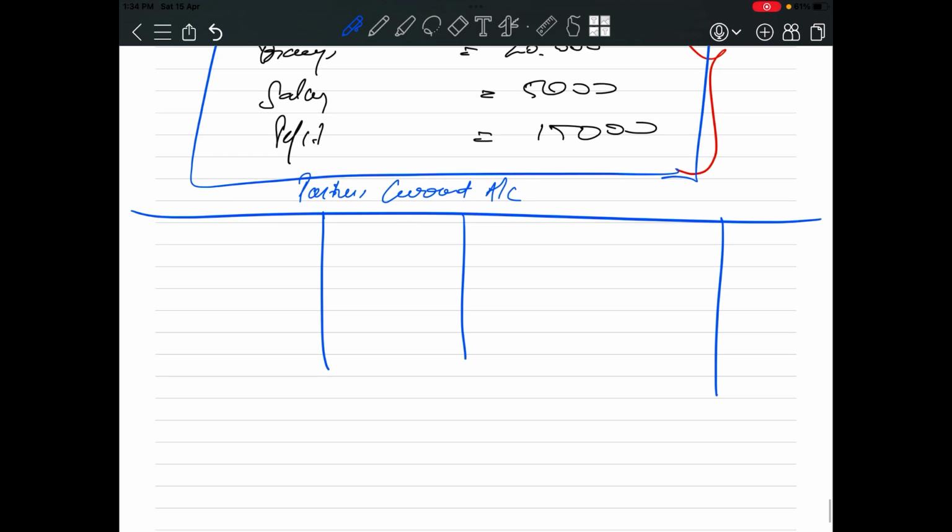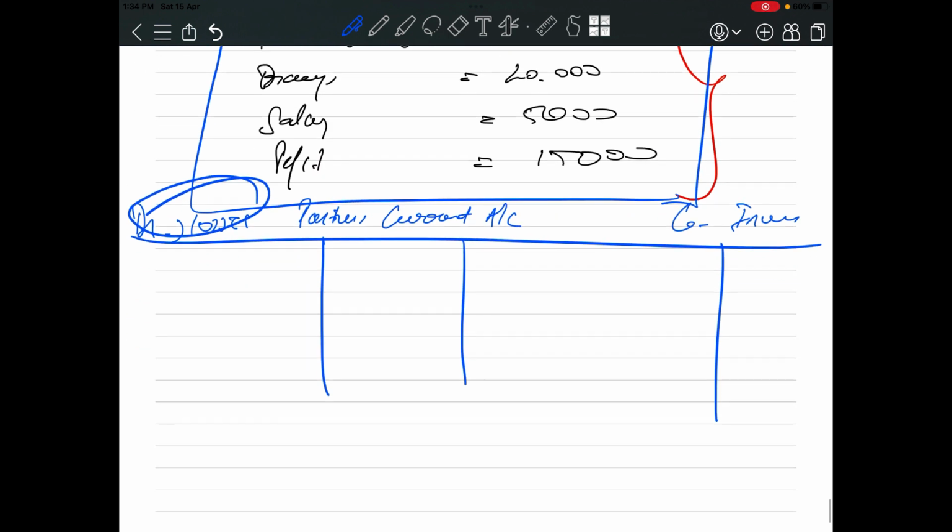The rule will be the same. All the increases will be written in the credit side and all the losses or decreases will be written in the debit side. If there is any opening balance, we will write the balance here.